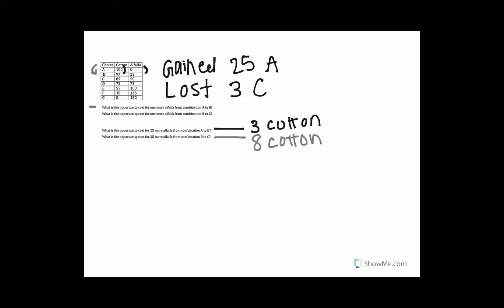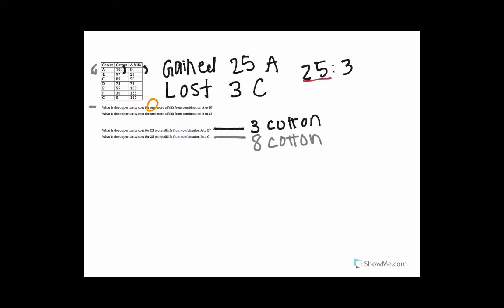But we can also write this as a ratio. So if we write 25 to 3, and the question's asking us the cost of 1 more alfalfa, we want to create a ratio that's going to be 1 to something else. So how do we do that?